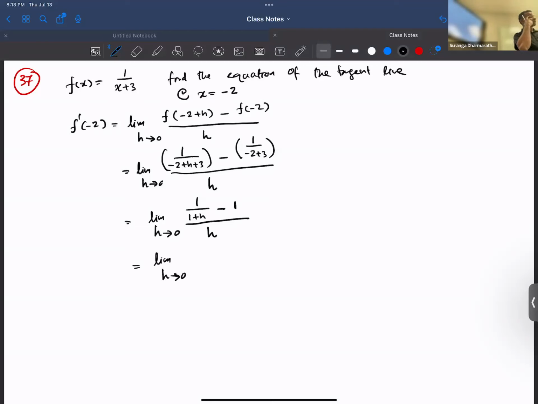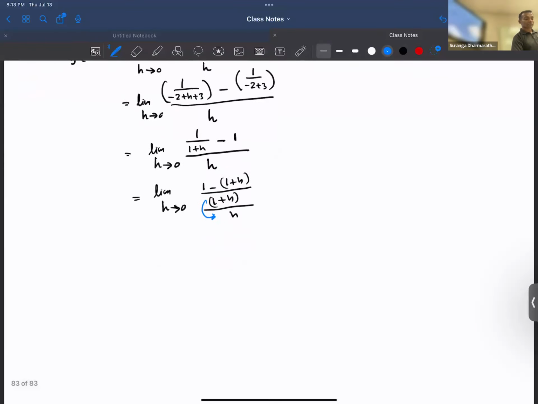1 plus h is the common denominator, right? And you get 1 minus 1 plus h divided by 1 plus h. And this is in the denominator, right? Like that. Now what would happen? This 1 plus h comes to the denominator, right? So what would happen?